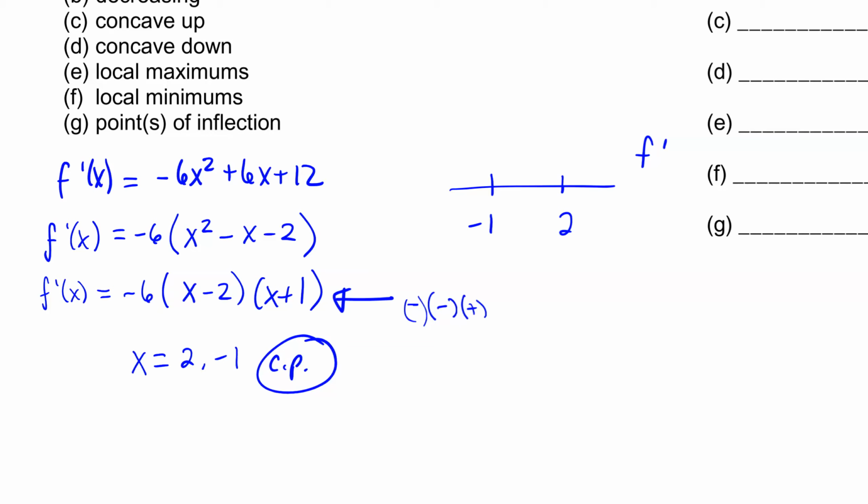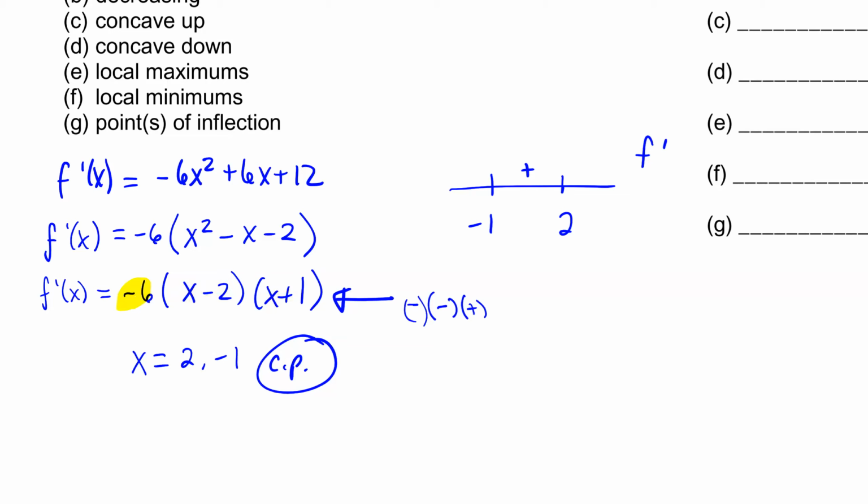I was trying to put a number right here. It's positive. I forgot, my bad. Negative times a positive, because if I plug in 0, 0 minus 2 is negative, times positive.